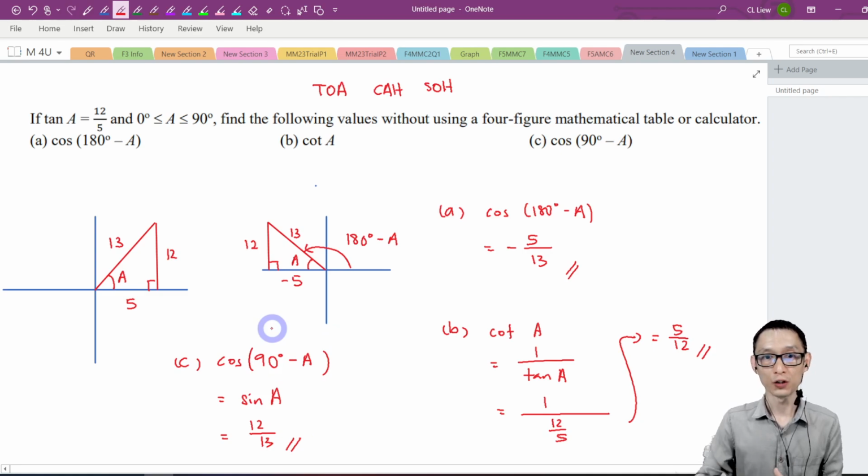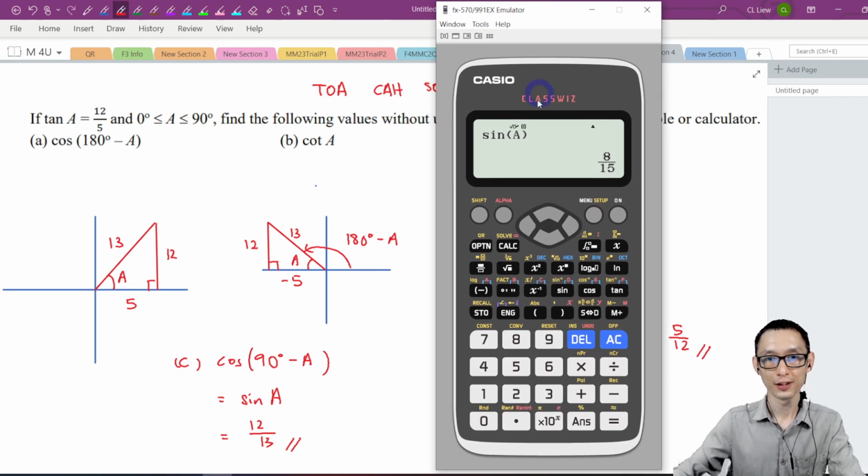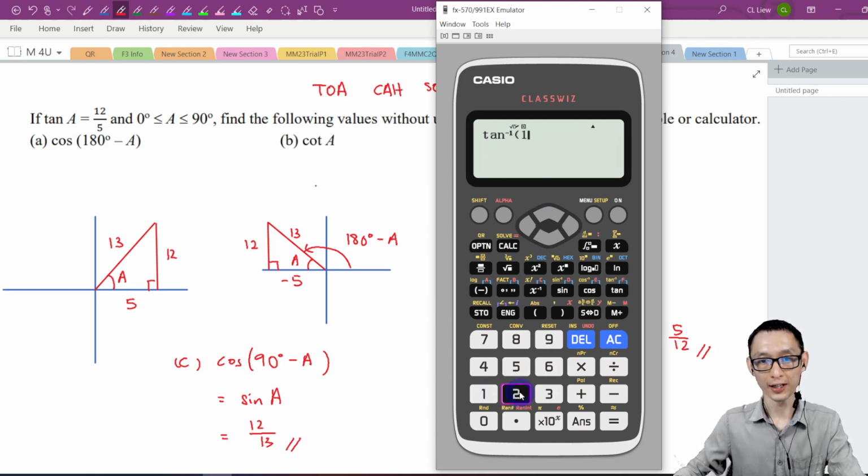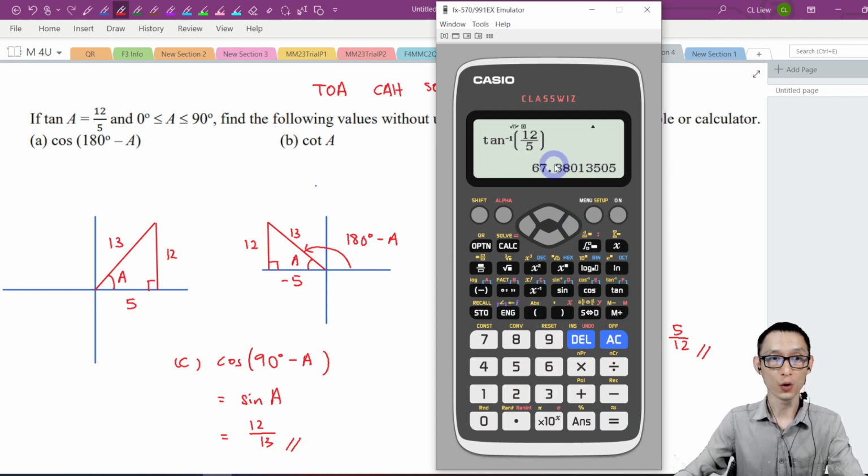Now let's say if you are not sure whether your answer is correct or not, you can always use your calculator to help you check the answer. Let me show you how. First I'm going to press Shift. This is tangent inverse of this. I want to find the angle of A. This angle is in the first quadrant, so we just accept it; we don't have to change anything.